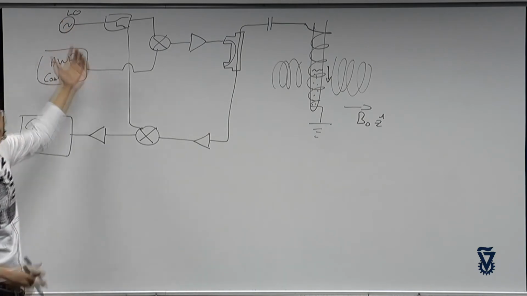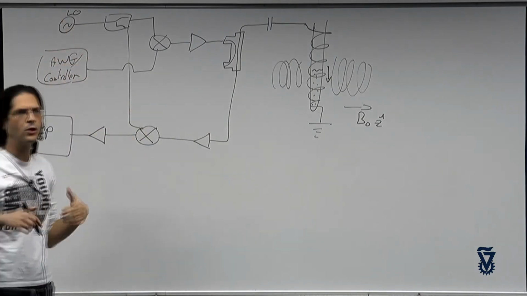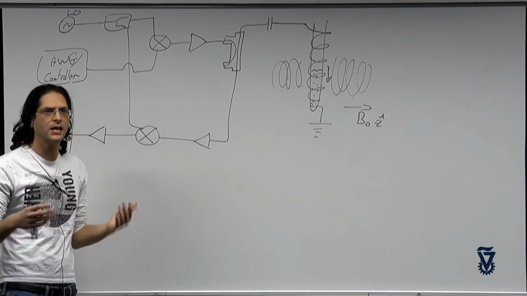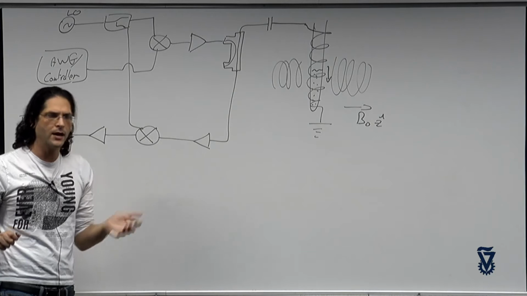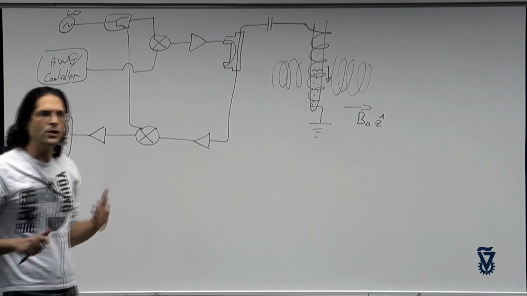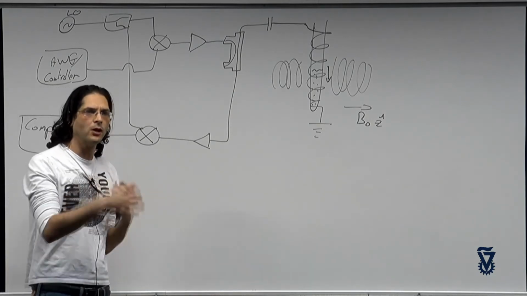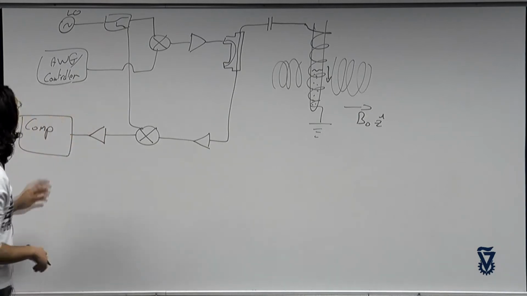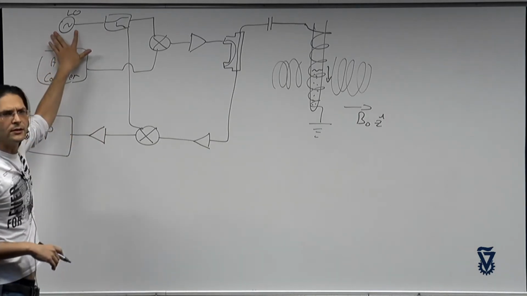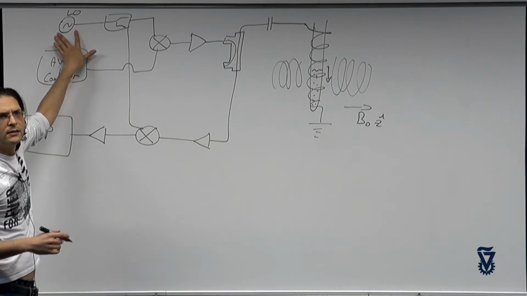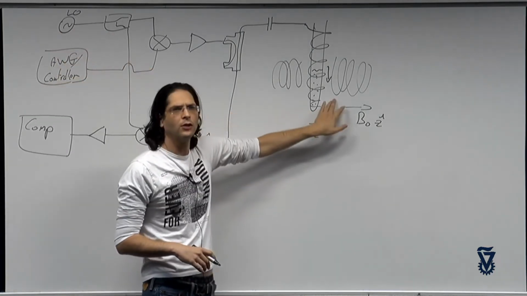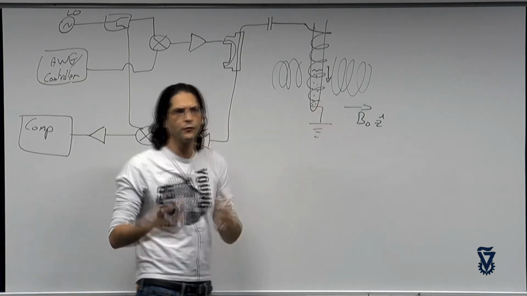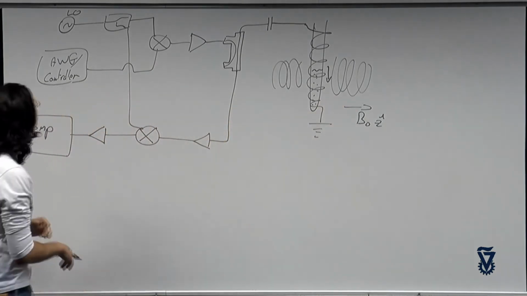I'm giving you these terms because they're also used in every other scheme. When you talk about trapped atoms, ions, cavity QED, this terminology will repeat itself in those systems also. You'll have a local oscillator, which is typically set very close to the frequency that you expect the Larmor frequency to be, or the frequency of your qubits at the end.